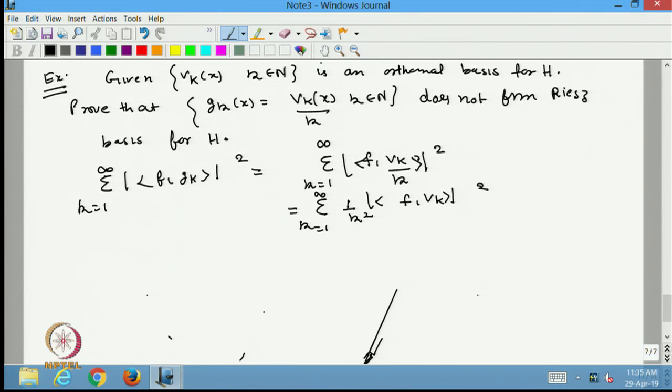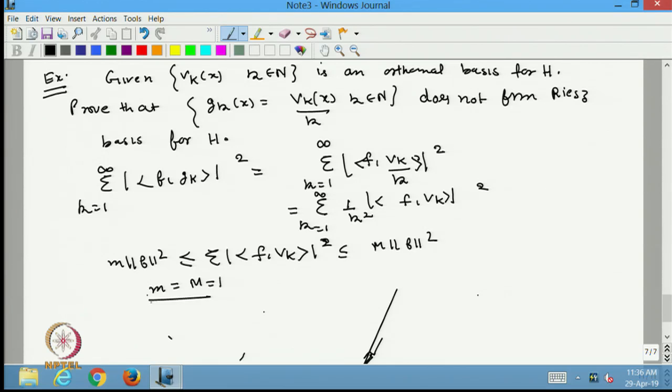Okay. So, now Vk is an orthonormal basis, so it will satisfy this thing. Of course, here you could consider both as 1.